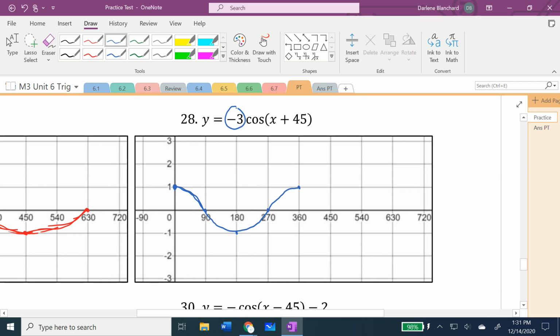When I multiply the outside of the function by -3, I'm multiplying the y values by -3. So y value of 1 is now y value -3. Y value 0 stays 0. Y value of -1 times -3 is now +3. Y value 0 is 0. Y value 1 times -3 is -3.